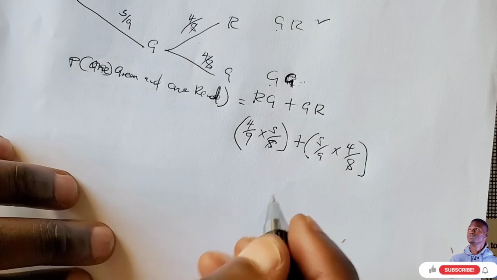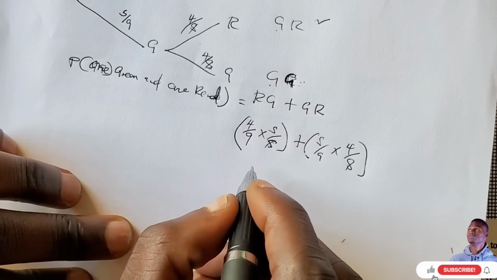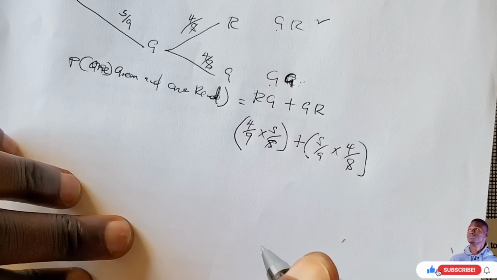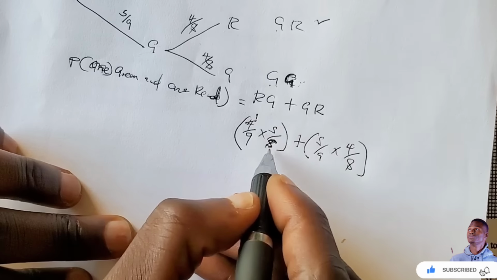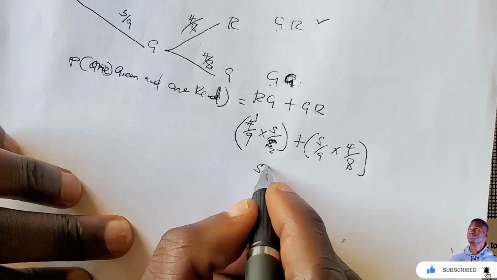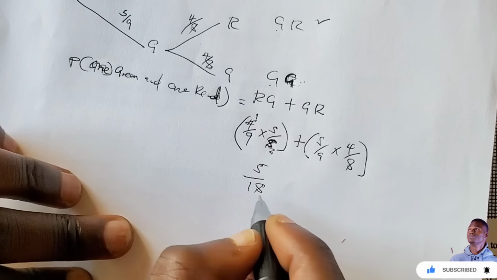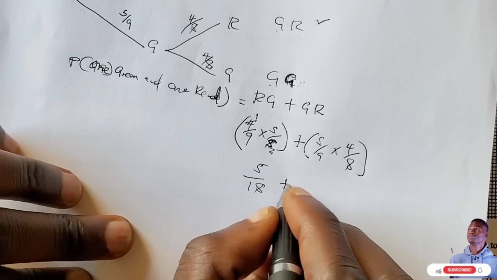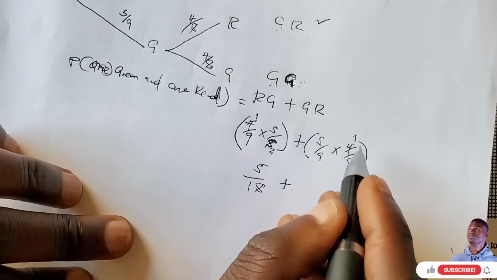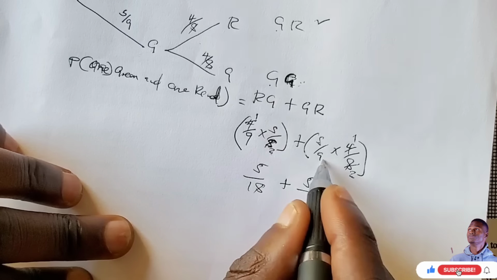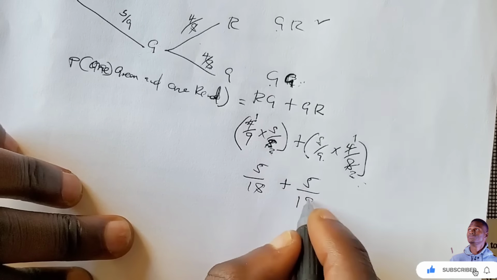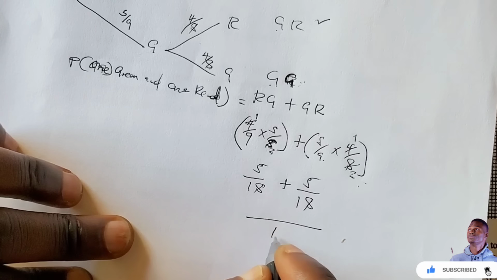Then, this is just simple calculations. You know, you can use a calculator. This is 8, but you can still reduce 4 here, 1, 4 here, 2. 1 times 5, 9 times 2, 18. Plus, even here, 4 here, 1, 4 here, 2. 1 times 5, 9 times 2, 18.